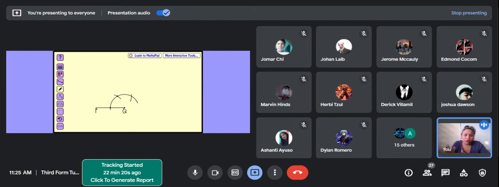Now I'm going to the second measurement, which says that QR is 5.2.